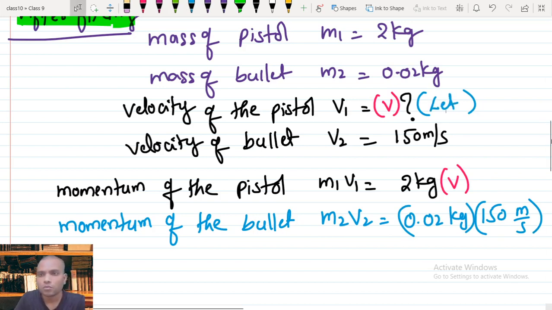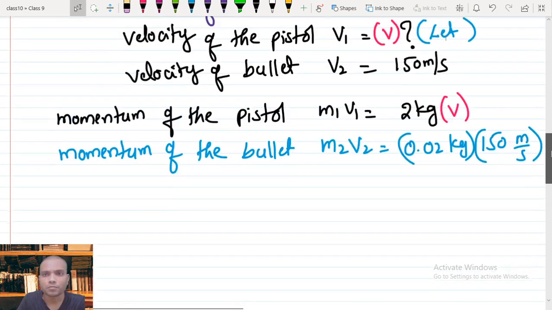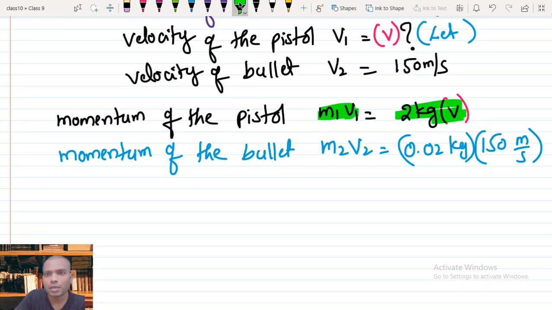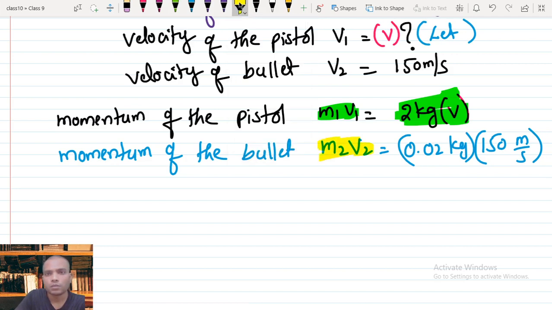Now what shall we do? We need to apply the law of conservation of momentum. So these are the values we need to use: m1 v1 equal to 2 kg times v, and m2 v2 equal to 0.02 kg times 150.